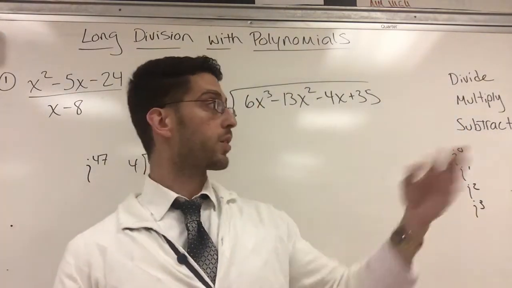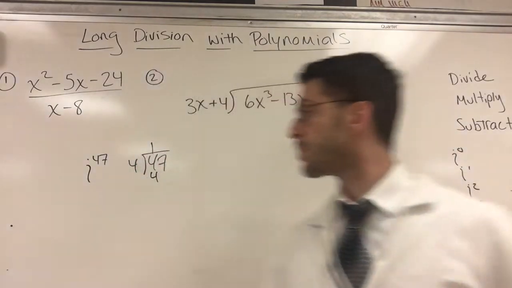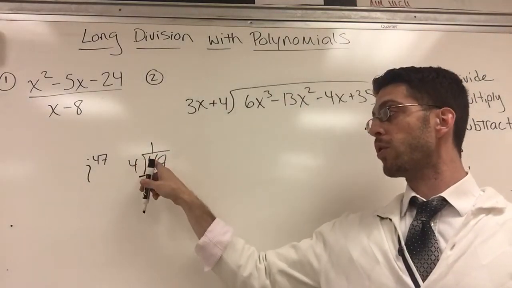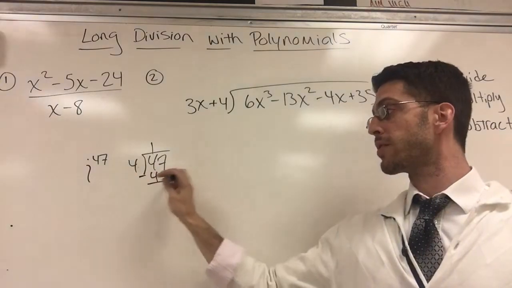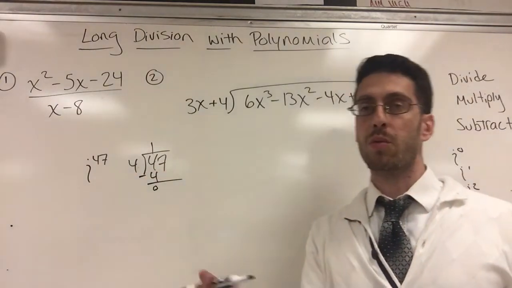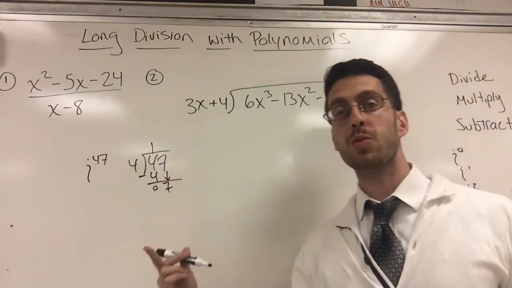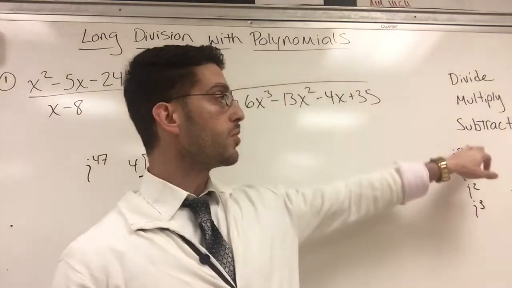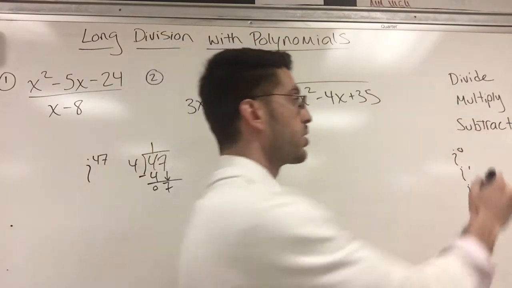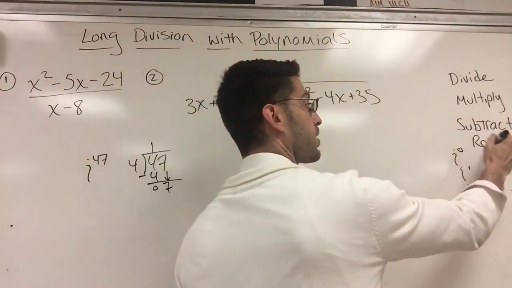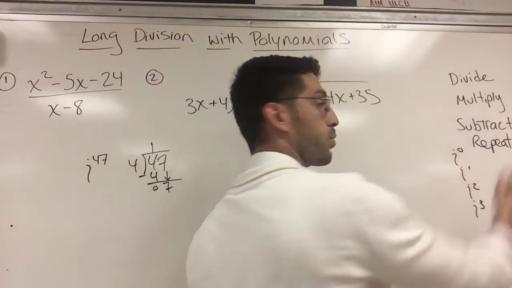And then my third step is to subtract. So now I'm going to subtract 4 minus 4. And that's 0. Some people put the 0, some people don't, whatever. And then I drop down my 7. And what happens when I drop down the 7, I repeat the original process. So you could say divide, multiply, subtract, repeat.